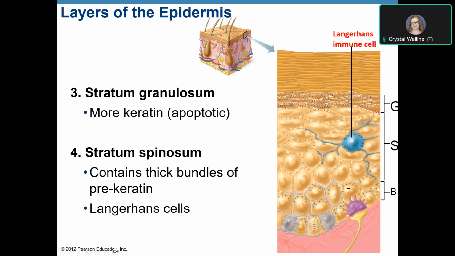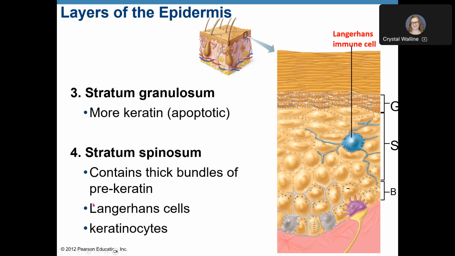Then that immune cell will go through some other processes that will communicate to the immune system that there's an issue at hand that needs to be taken care of. So you can just think of these as immune cells, but when you see your book describing dendritic cells, they're referring to these.